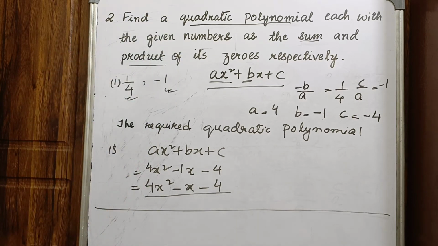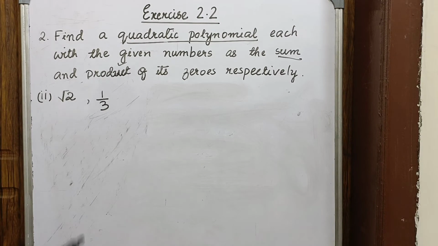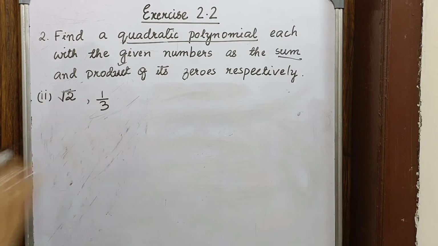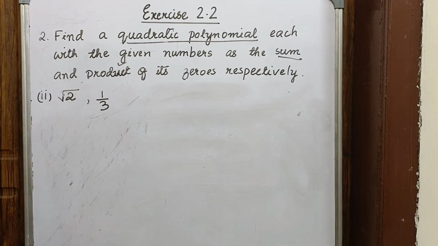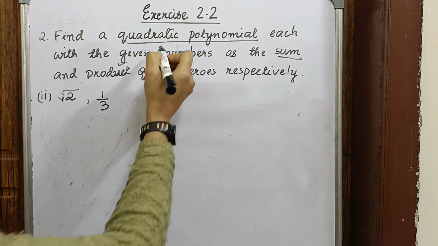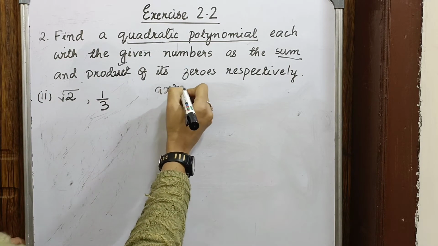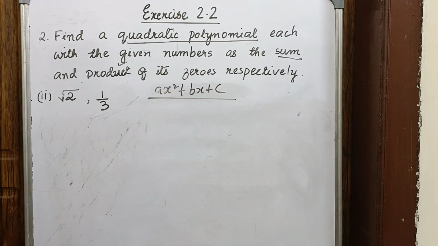Now we will do question number 2. Okay. So number 2 is root 2 and 1 by 3. This is the sum and this is the product. Okay. So in the same way we'll do like the previous one. We'll assume ax square plus bx plus c as the quadratic polynomial.